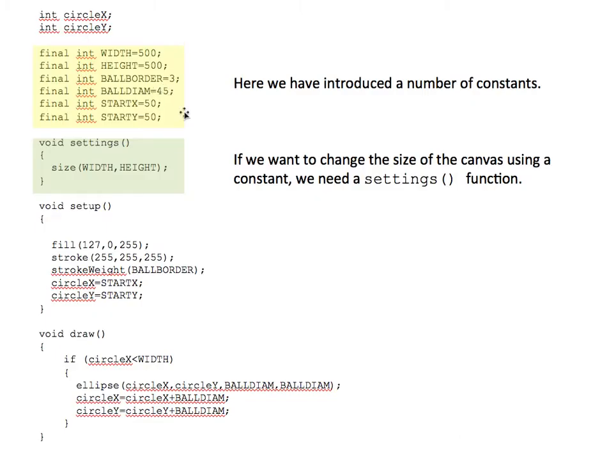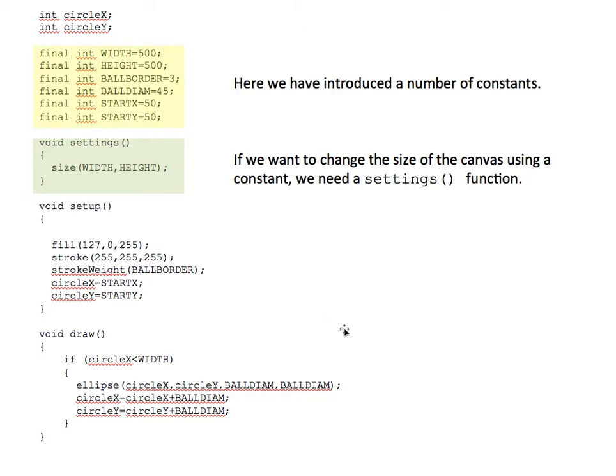So here we have basically the same code as before, only this time we've introduced a bunch of constants. And these are just data items that are declared as final. So whenever you declare a constant, you simply say final first of all, and then the normal declaration. Okay, and you can't change these values anywhere else.